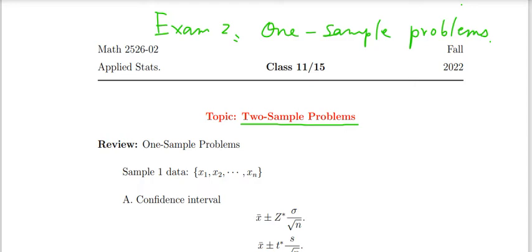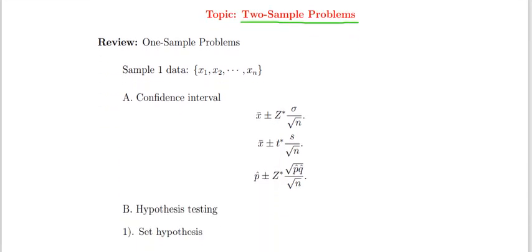So first, let's review the one sample problem. We have one sample of data, like x1, x2, up to xn. From those data, what can we do? Usually we can do two things.